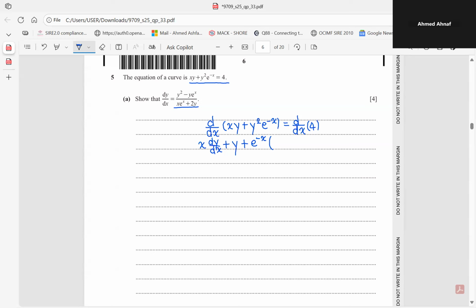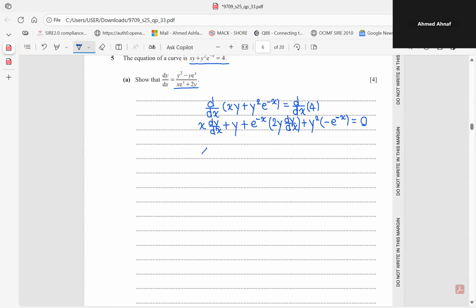To do that, differentiate with respect to y first, so you get 2y and multiply by dy/dx. And you add that with y², we're keeping y², times the derivative of e^(-x). So this is just minus e^(-x) equals to the constant, the derivative of a constant is always 0.